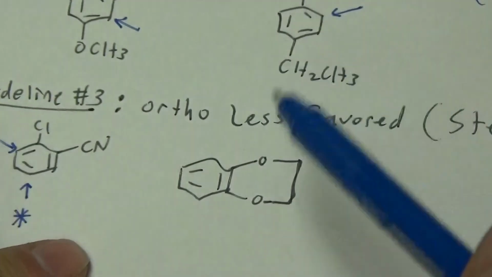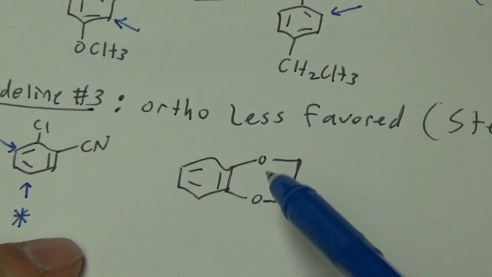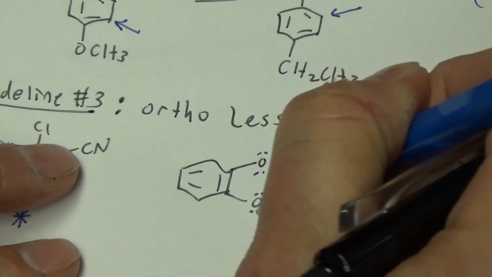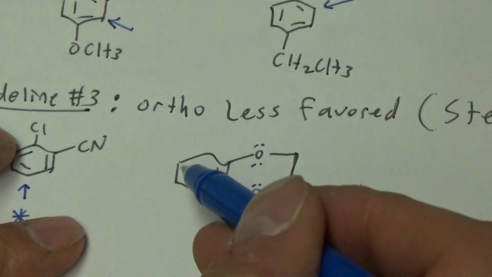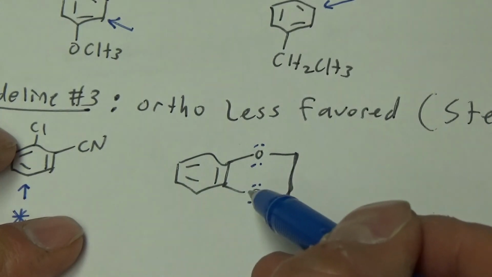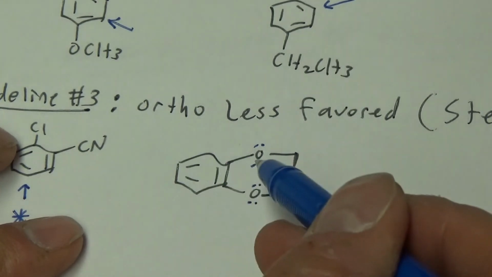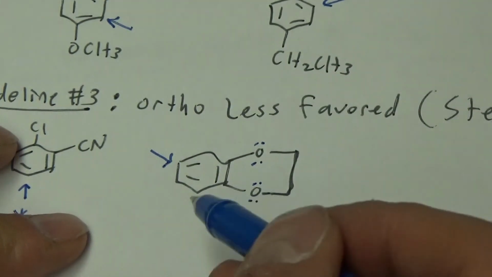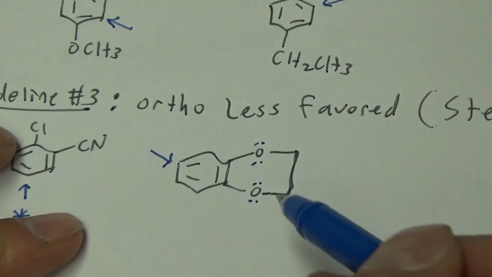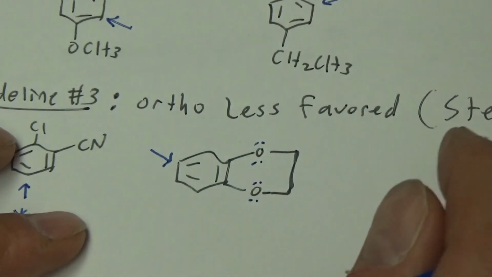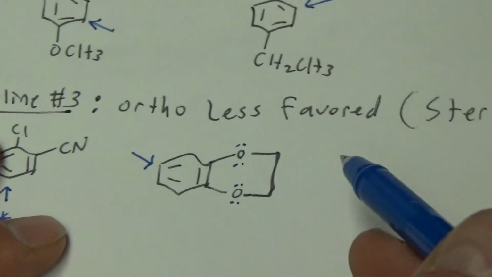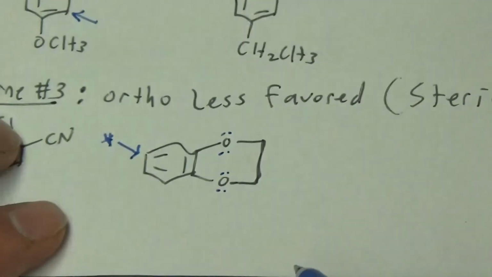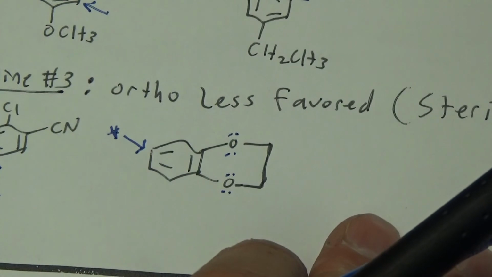They're both saying the same thing, and they're both ortho-para directors, because of oxygen lone pairs. And so it's either going to be this position or this position. It's going to be para to either one or para to the other, which gives you basically the same product. I could draw the arrow there, I could draw the arrow there. But it's not going to be ortho to them, because ortho would be disfavored, right? Due to sterics. So yeah, it makes sense that it would be para to either of those guys.